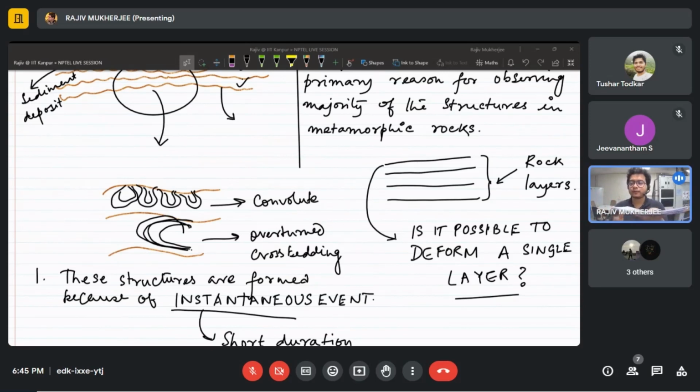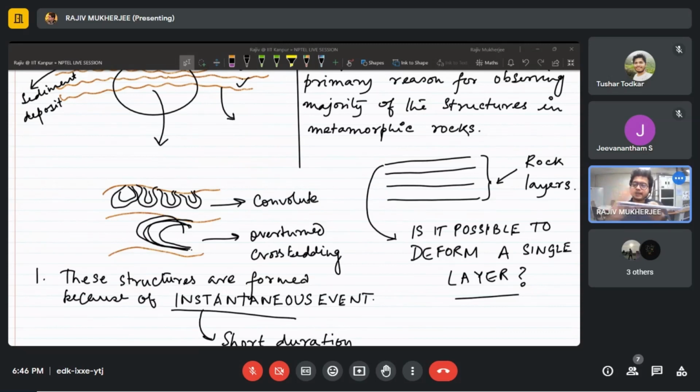Now if I am able to put a force only on a single paper, I can fold it, right? It is possible when I apply the force over this end of this paper, then I can fold the layer, I mean fold the paper.